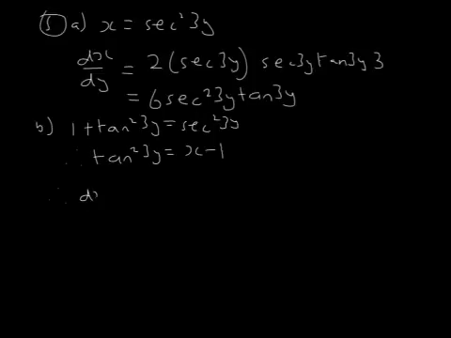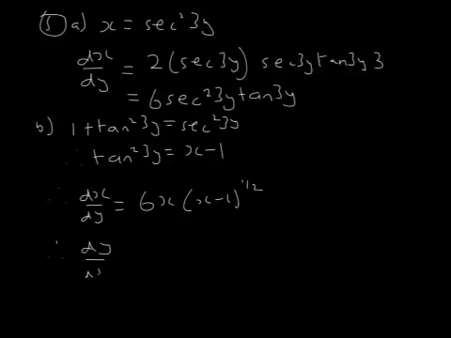So we get dx by dy is 6, then sec squared is x, and tan squared 3y is x minus 1, so tan 3y must be the square root of x minus 1. So therefore dy by dx is 1 over that, as required.